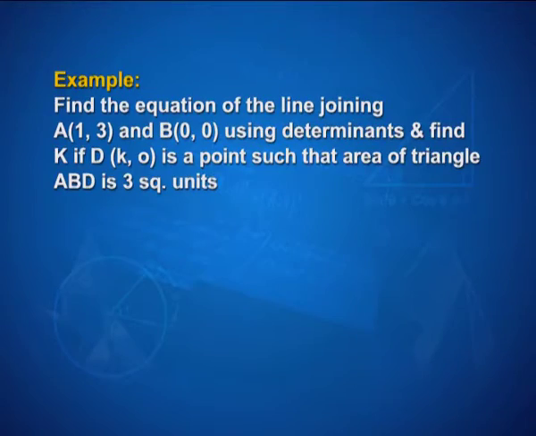Now, let us solve another interesting problem. Find the equation of the line joining points A (1, 3) and point B (0, 0) using determinants and find k if D (k, 0) is a point such that area of triangle ABD is 3 square units.